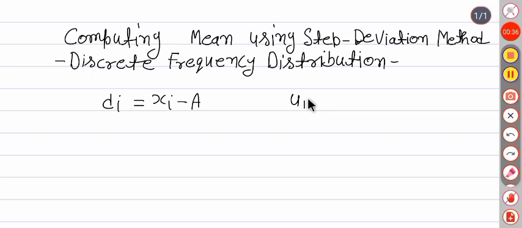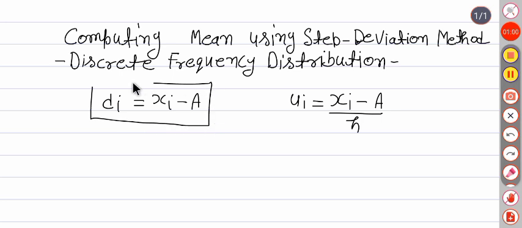If I write ui, you subtract the assumed mean and divide by a number, which means many times it would be easier to calculate. This is also a shortcut method, and this one is even more of a shortcut if you calculate ui. This is called the step deviation method.